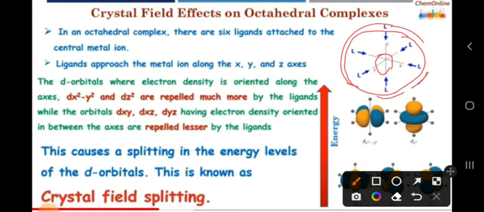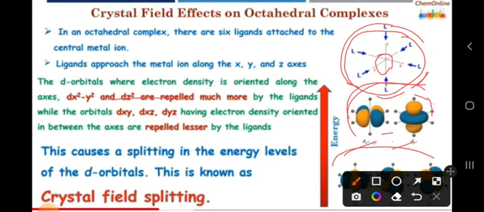The dx square minus y square and dz square will be repelled more by the ligands, while dyz, dxz, dxy have very little repulsion when they approach. Why do these have more repulsive forces, and why do these have less repulsive forces?